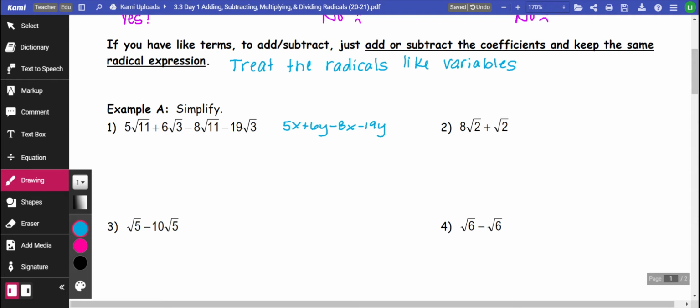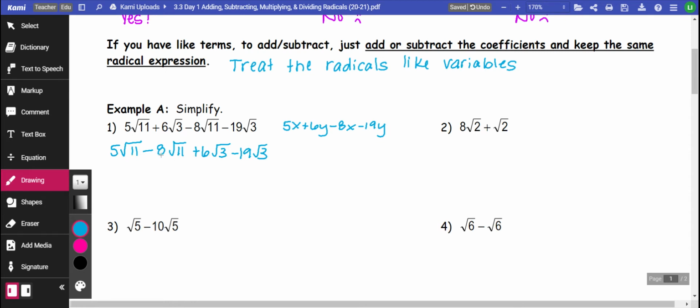So what I could do is rearrange everything. Okay, now I'm just adding or subtracting my coefficients. I leave the radicals alone.